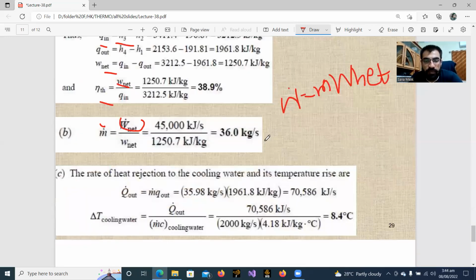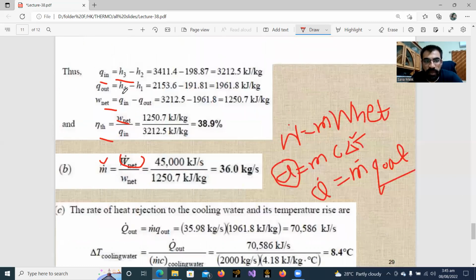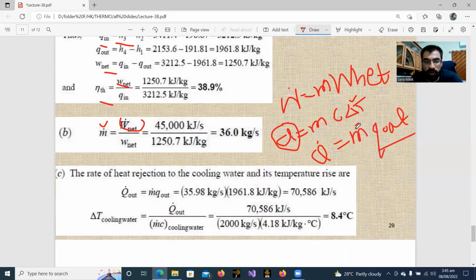For the heat rejection to the cooling water, we know Q is equal to m c delta T. If we want to find the change in temperature, we need Q dot out. Q dot out is the mass flow rate of steam times H4 minus H1, and the steam mass flow rate we already know from before.